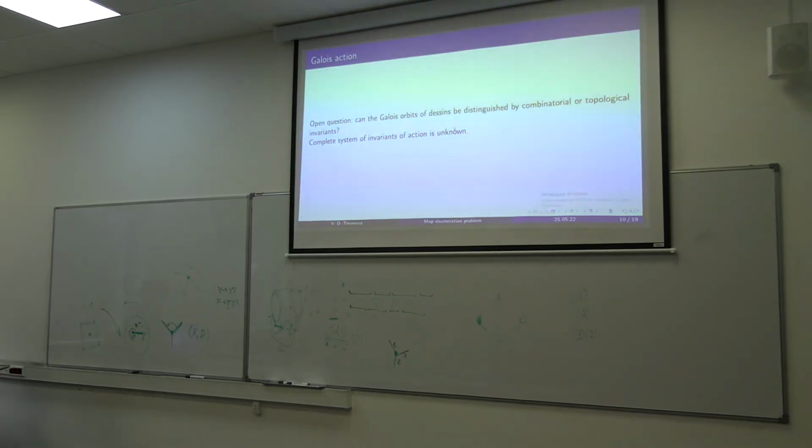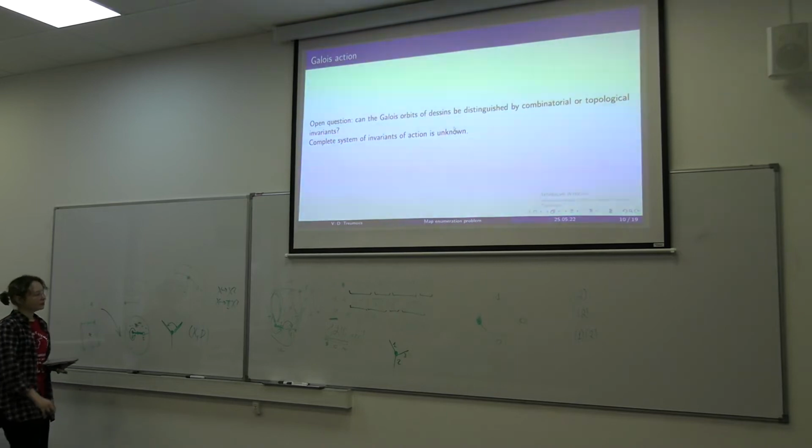And what about the Galois action? This Galois group, we do not know its structure, but we can see it by the action on Dessins d'Enfants. We can see the orbits of this action. So some dessins make up the orbits of the action.